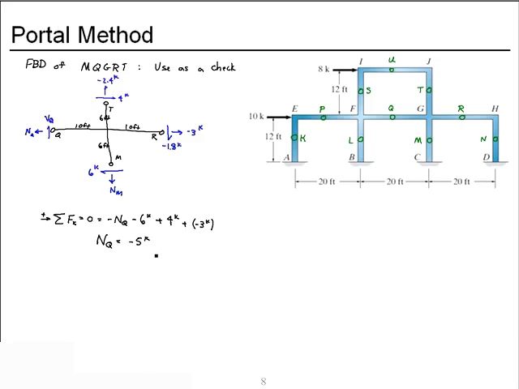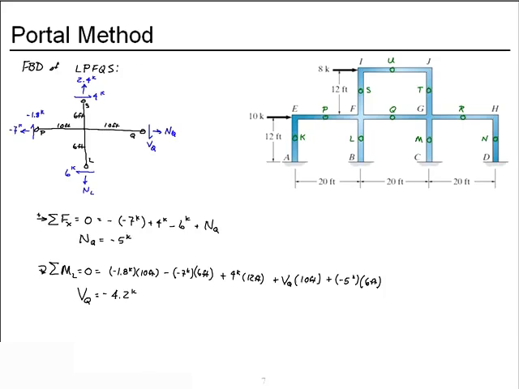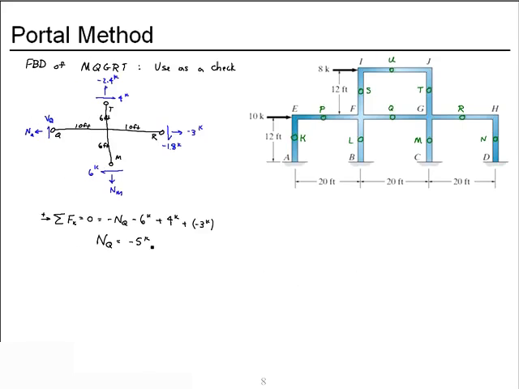And if we look back at our previous slide, we see that we had calculated a minus 5 kips. Great. This checks.